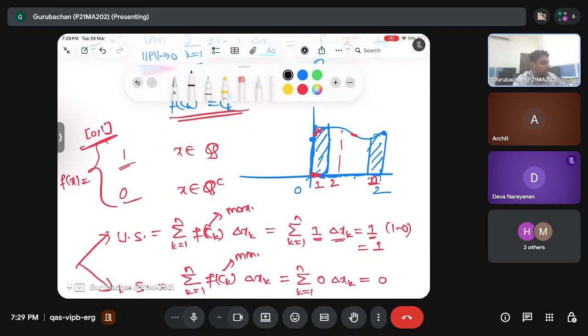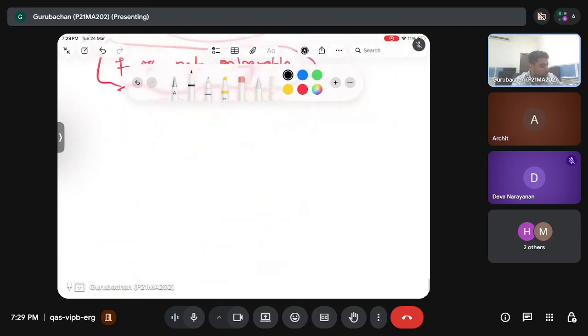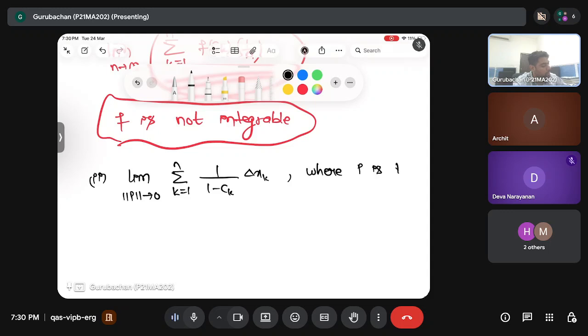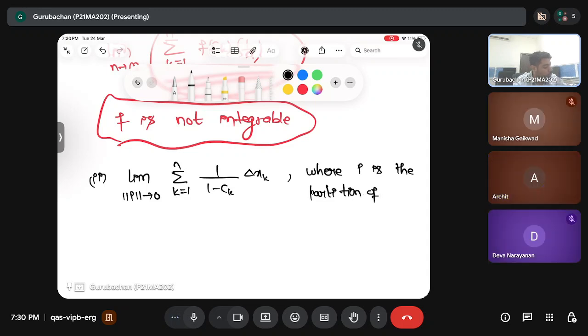Now in the same way, I'm giving you another limit: as the partition length goes to 0, summation k equals 1 to n of 1 by 1 minus ck delta xk, where p is a partition of 2 to 3.